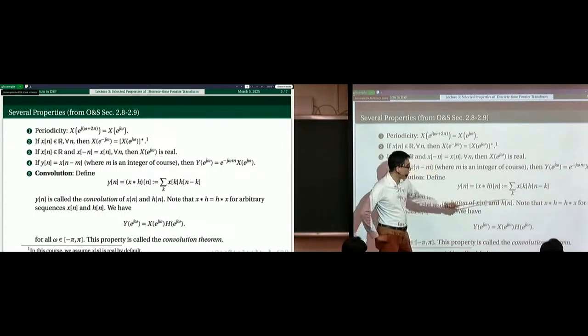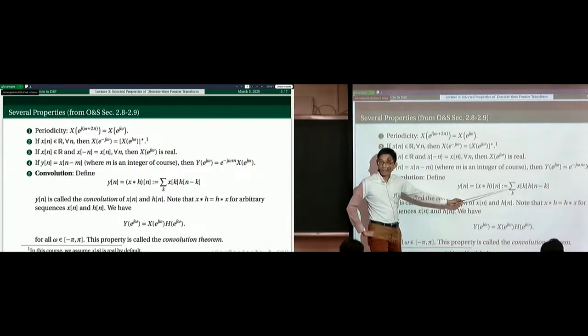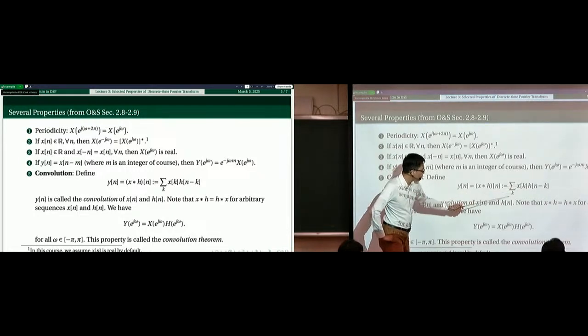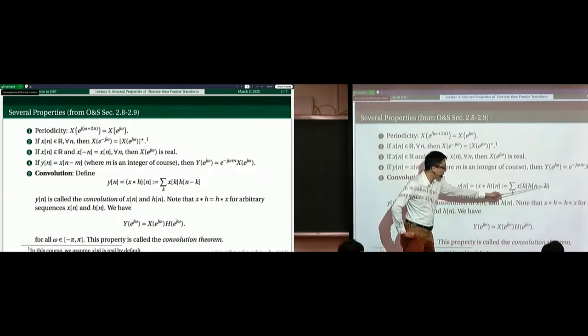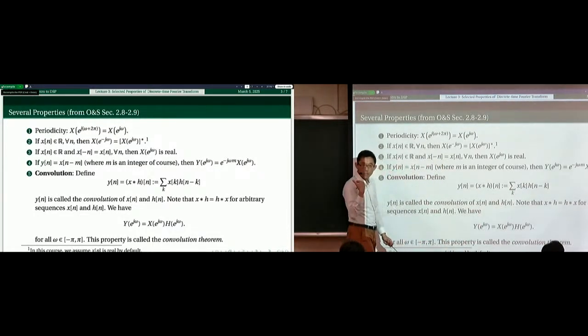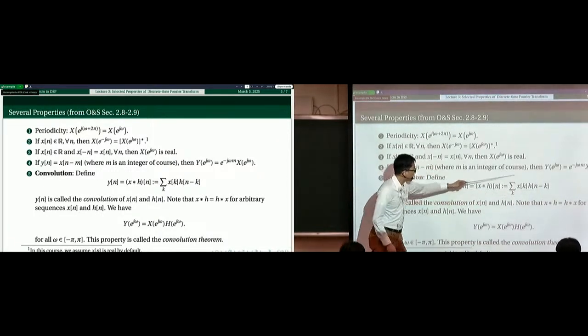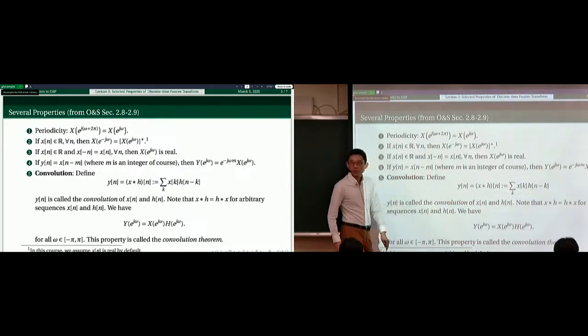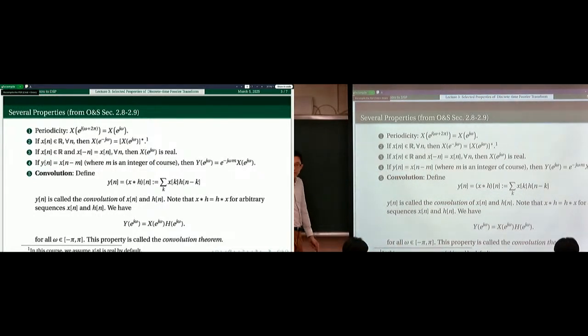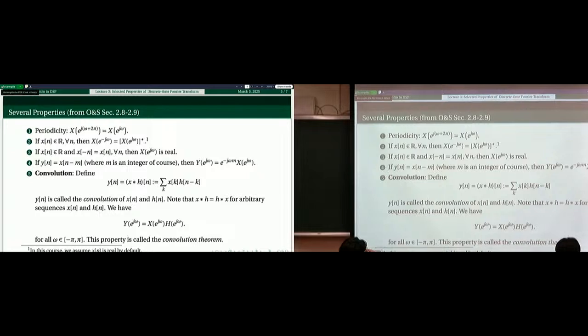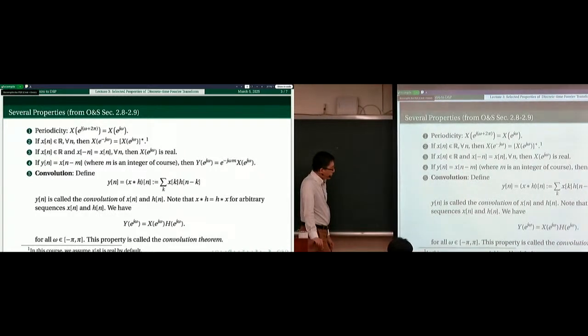Inside this summation, x[k] goes forward, but for h there is a minus k, so h goes backward. So we flip h and shift by n, and then we sum up all the products. That's the definition of convolution.